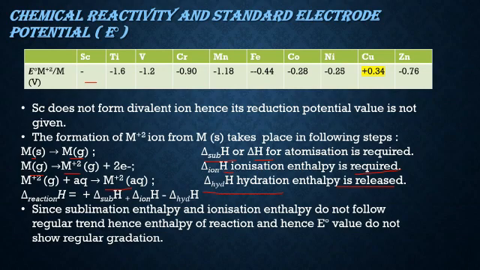So the total enthalpy is enthalpy of sublimation plus enthalpy of ionization minus enthalpy of hydration. Since sublimation enthalpy and ionization enthalpy do not follow any regular trend, the enthalpy of reaction and hence the E naught value does not follow a regular trend. You can see the values are not in a regular series.